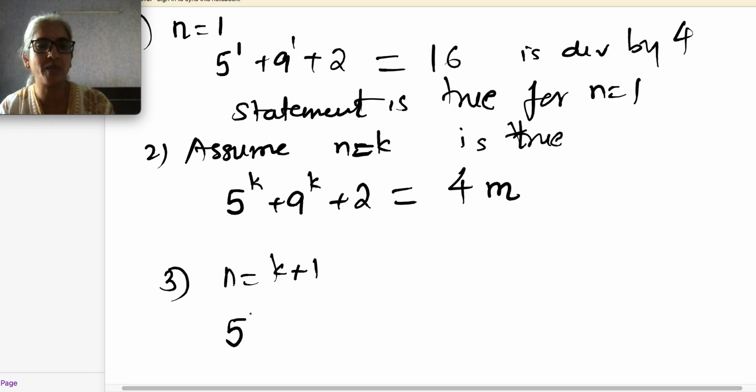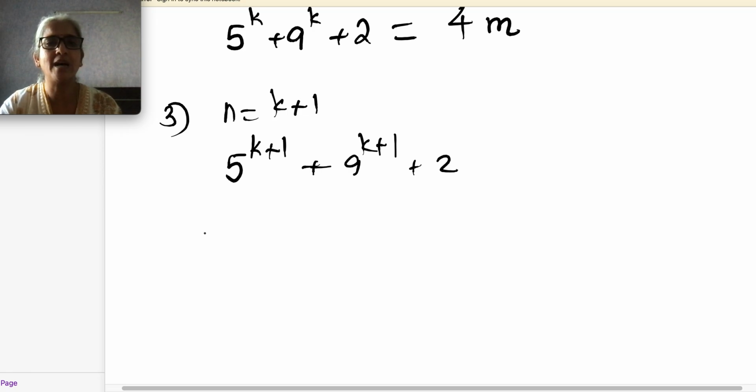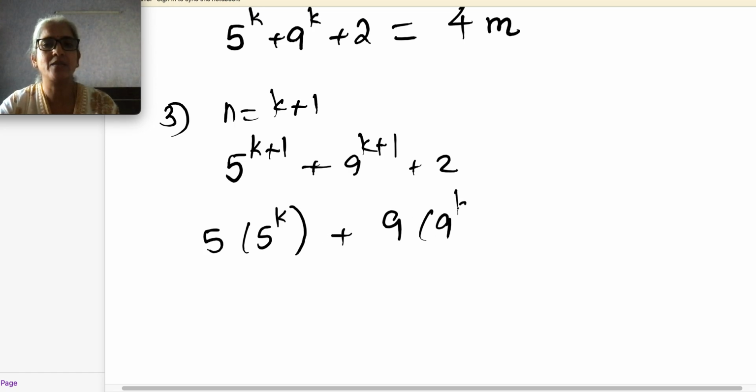So the expression would now become 5 raised to k plus 1 plus 9 raised to k plus 1 plus 2. And we are going to use our laws of indices here. 5 times 5 raised to k plus 9 times 9 raised to k plus 2, and well, 5 and 9 are not really multiples of 4, right?